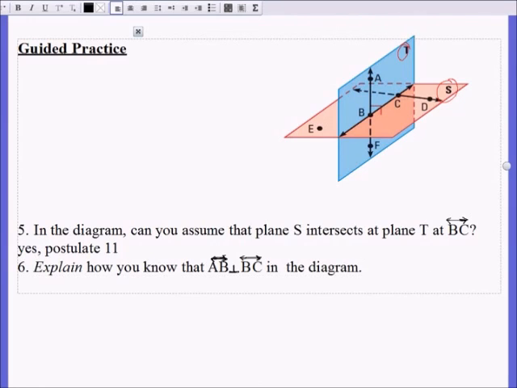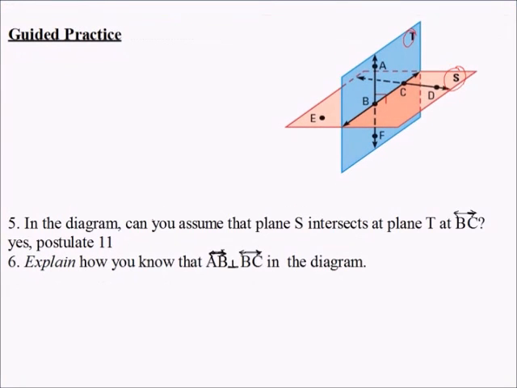And finally, explain how you know that line AB, so here's line AB, and line BC are perpendicular in the diagram. Well, you know that this means 90-degree angle. This means 90 degrees, and look right here. It's indicated. You already have this in your diagram, so being that it's there already, I don't want to write this, so let's go ahead and type this out.